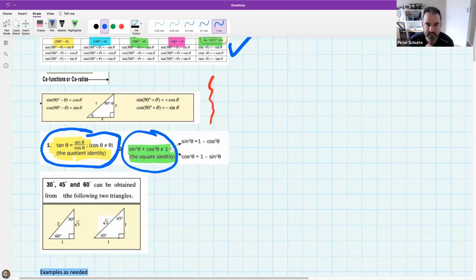And the square identity can actually be rewritten in two other ways, where if you move the cos squared to the other side, it becomes minus, or you move the sine squared to the other side, it becomes minus. And so these are identities that we have to be aware of. Now, for those who are struggling with reduction formula, don't worry, that's going to be a large part of today's lesson.